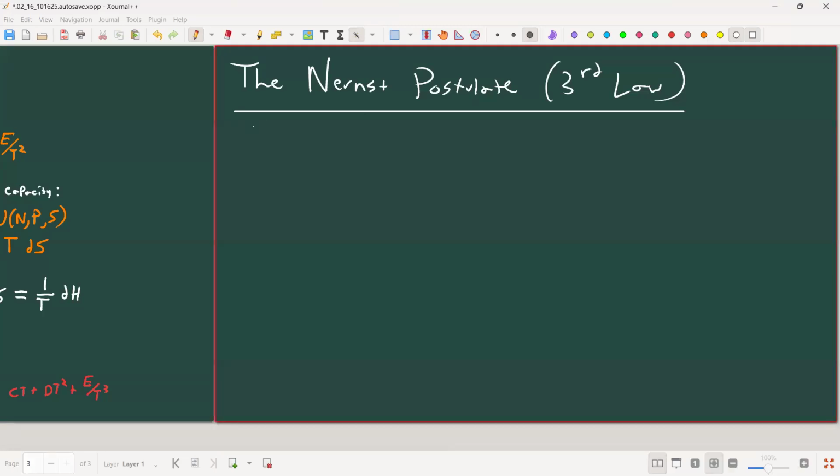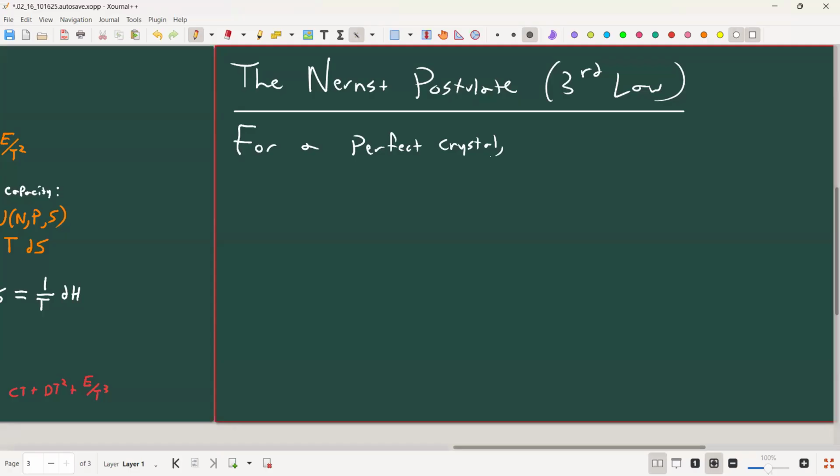All right. Very simple. For a perfect crystal, the entropy of a crystal goes to 0 as T goes to 0.